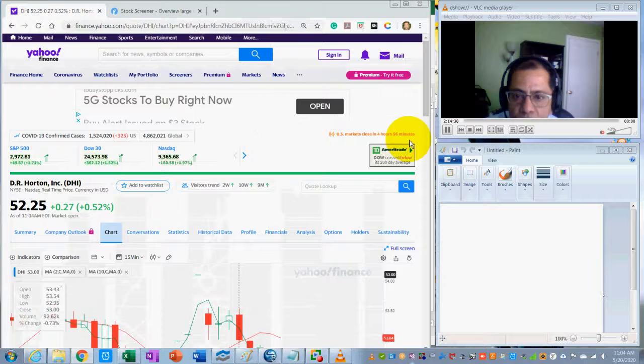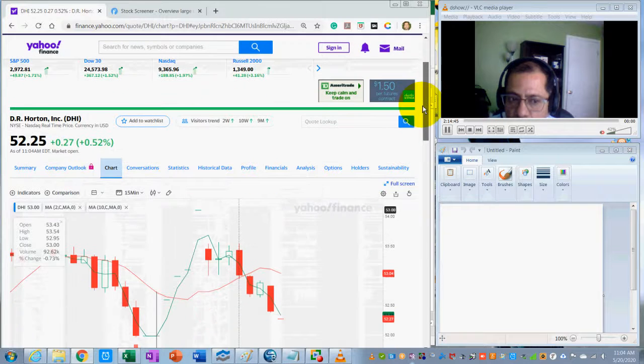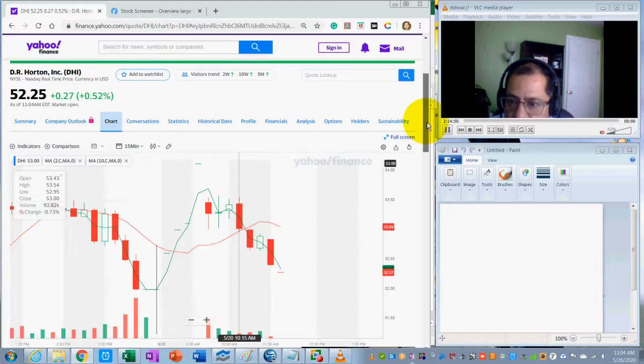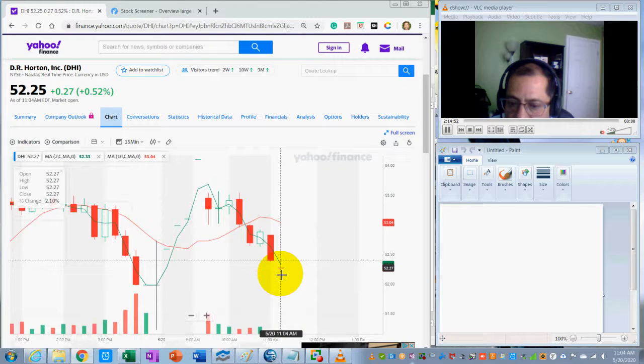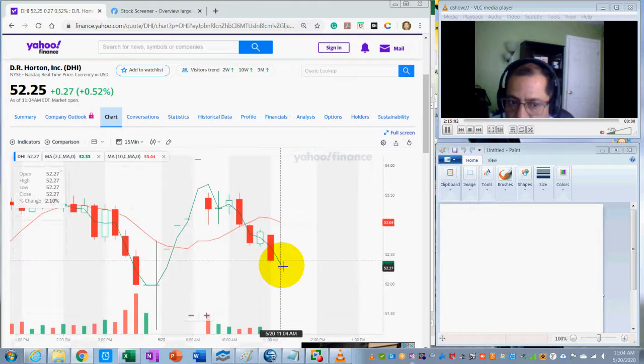So DHI price currently, as the market is still open, is 52.25. But if you take a look at the green, which is moving average 2, and the red, which is moving average 10, you can read it from here. Moving average 2 is 52.33 and moving average 10 is 53.04.